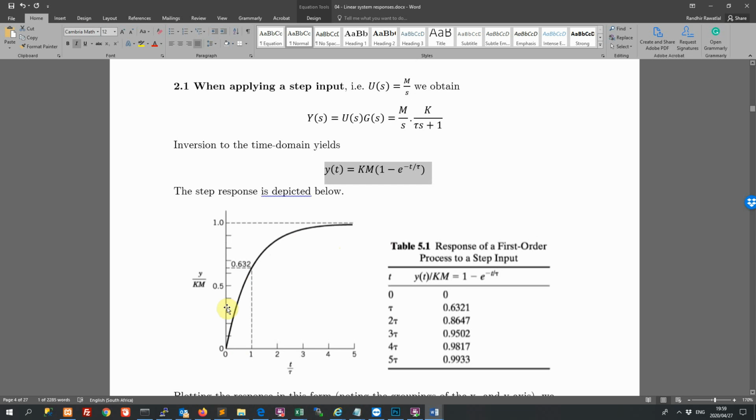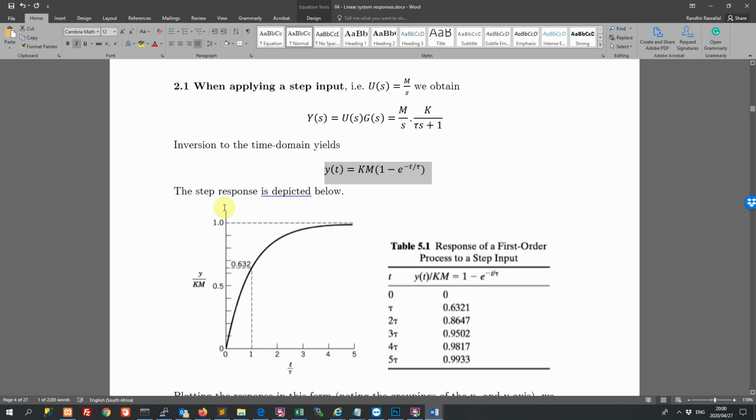So if you imagine, this is showing us the output, right? This is a graph of this output, and this is in response to some applied step increase. So if, for example, you cranked up the flow rate into the system, then that will cause the exit flow rate to rise, and then it will settle down to some new value.